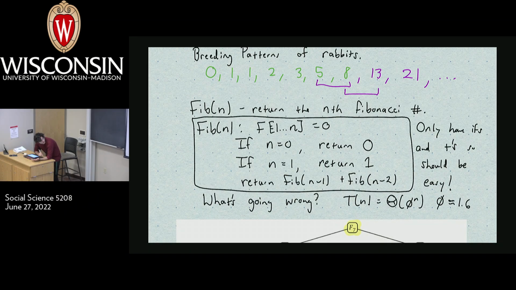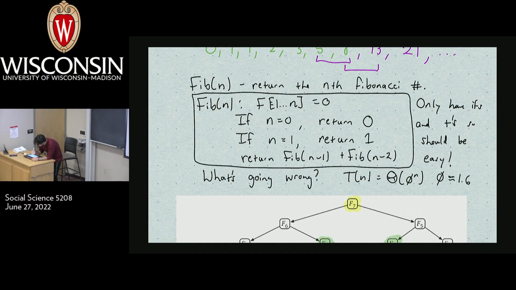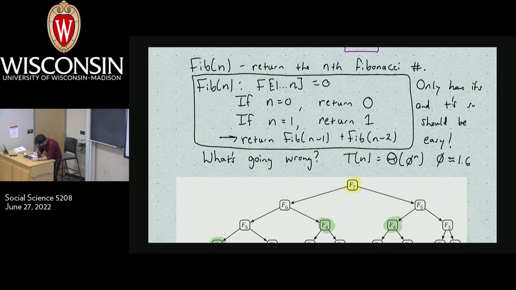And then what we're going to do is modify this step of the algorithm. We're just going to do a check: if we've already computed f of n, then don't recurse.